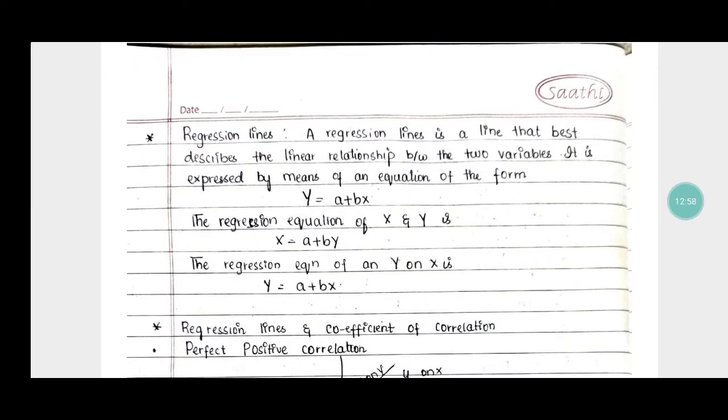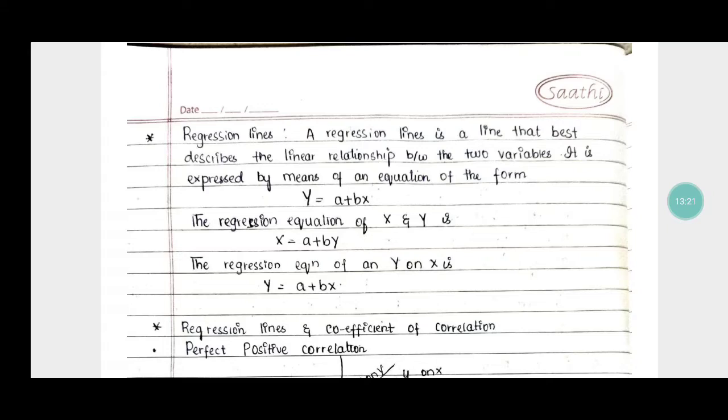And the regression line is the line that best describes the linear relationship between the two variables. It is expressed by means of an equation of the form y equals a plus bx. So the regression equation of x on y is x equals a plus by.